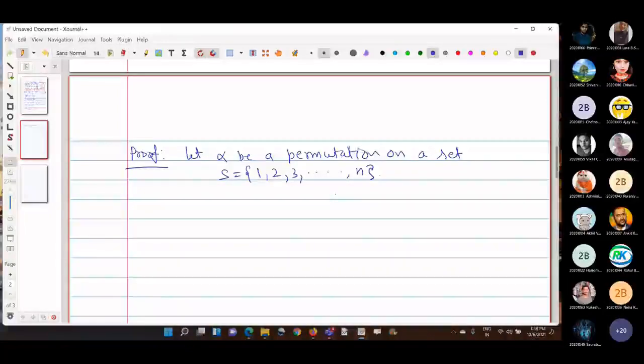So this set is finite. They are talking about a finite set. So what we need to write? We need to show that alpha is either a cycle or a product of disjoint cycles. Fine. So let us see.